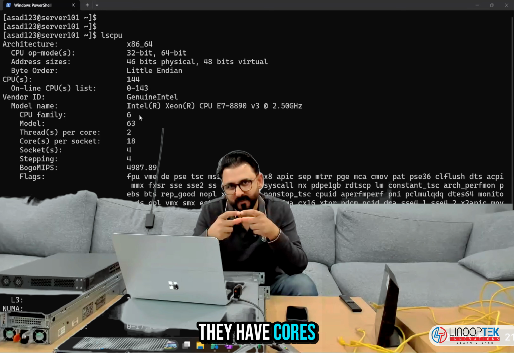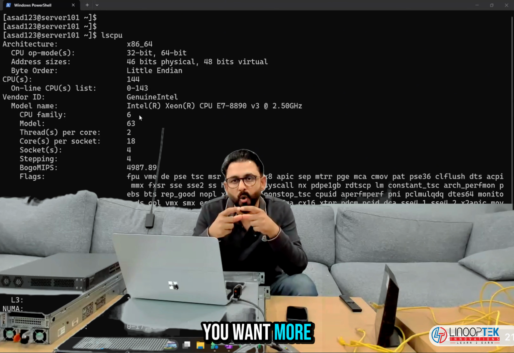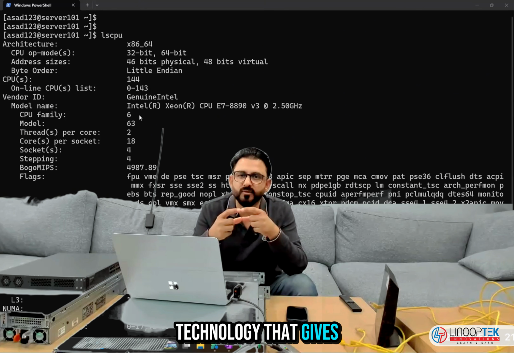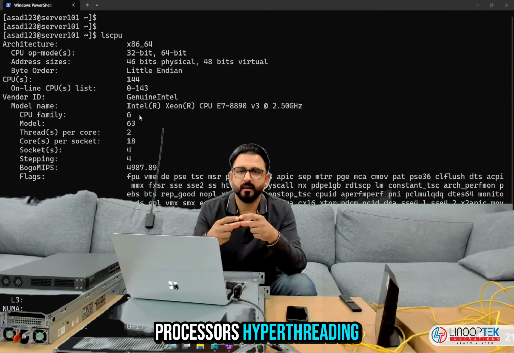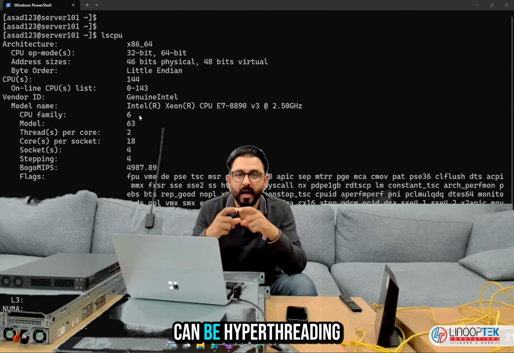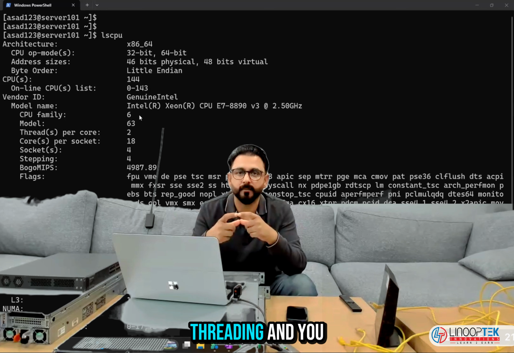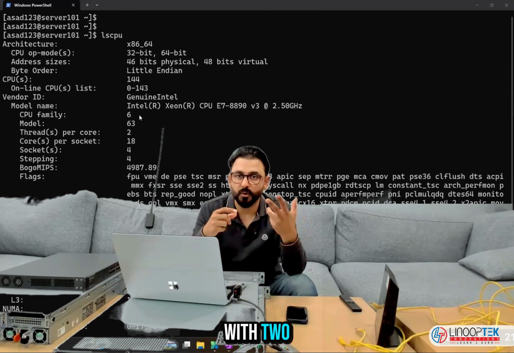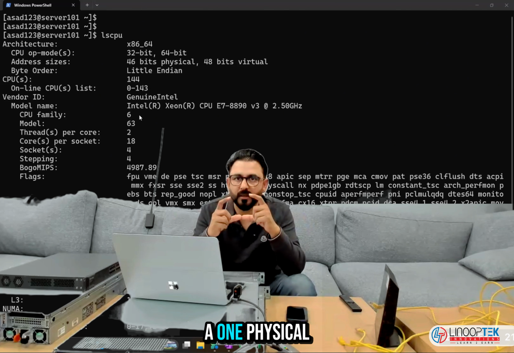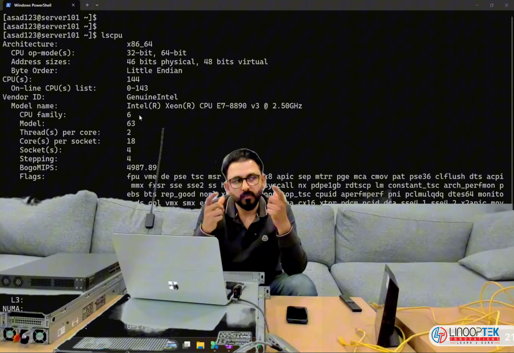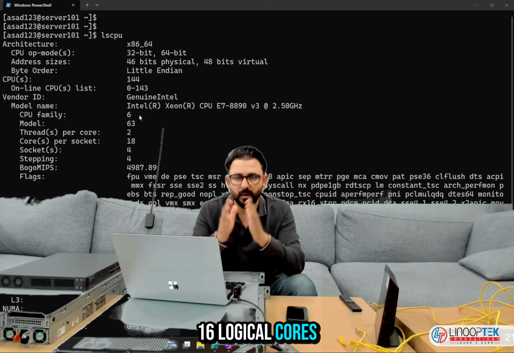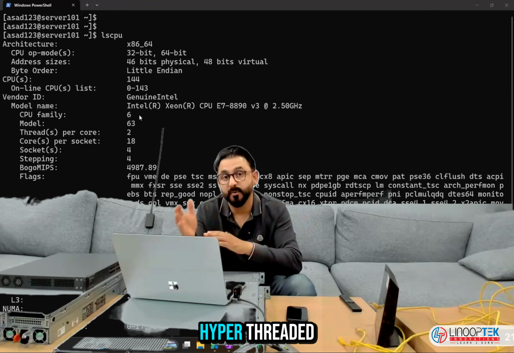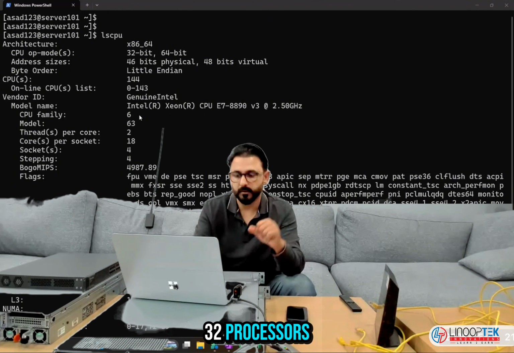They have cores. And then if you want more cores, what is that technology that gives you more logical processors? Hyper-threading. So each core can have multi-threading, and you multiply that core by 2. If you have one physical processor, and then there are 8 or 16 logical cores in there, and they are hyper-threaded, then you have 32 processors.